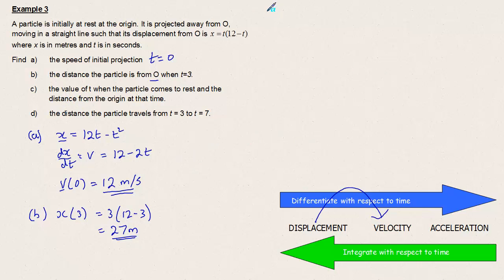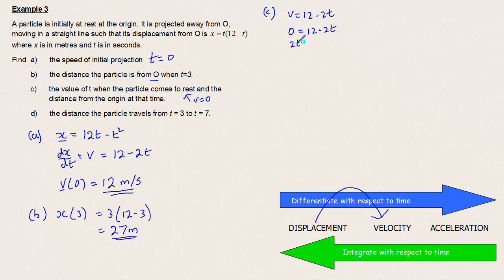In part C, we want the value of t when the particle comes to rest, and the distance from the origin at that time. Rest means that v is equal to 0. So we know that v is equal to 12 minus 2t. So rest is v is 0.